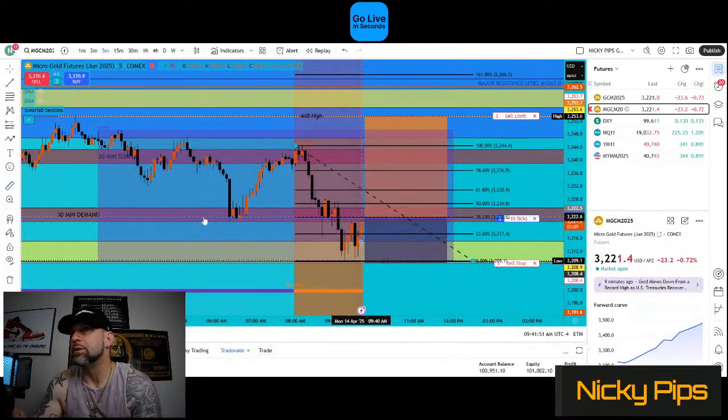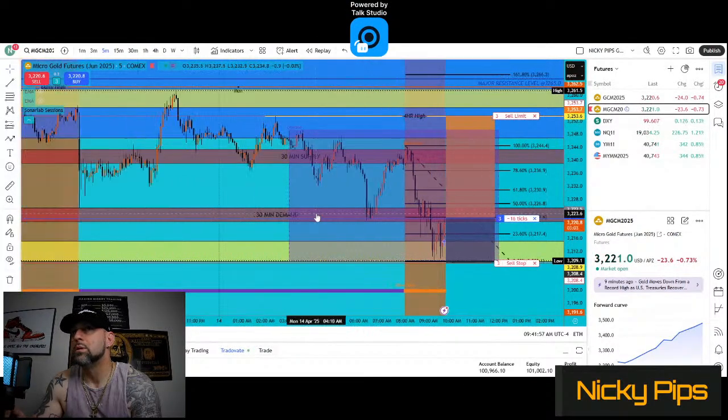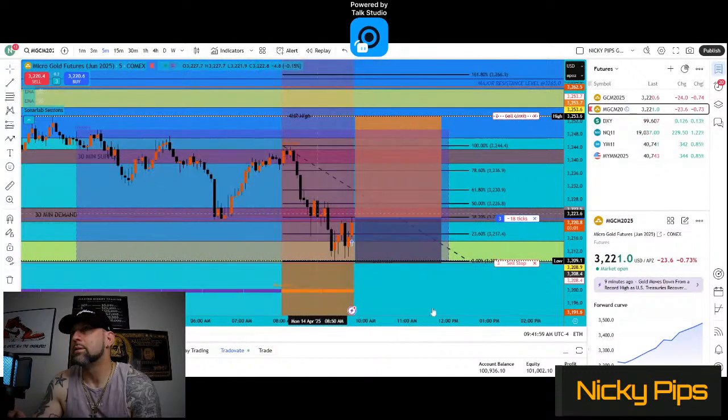It tapped into here, which is a 30-minute demand zone, a previous level of support, so we've got to make sure we break that. Let's see if we break that.